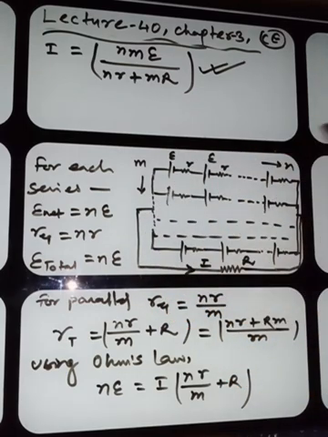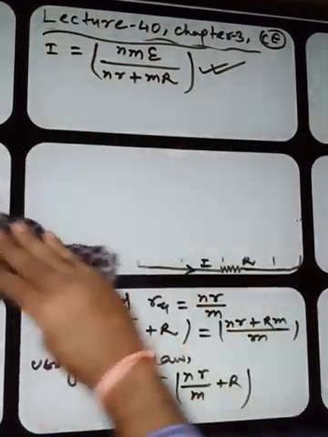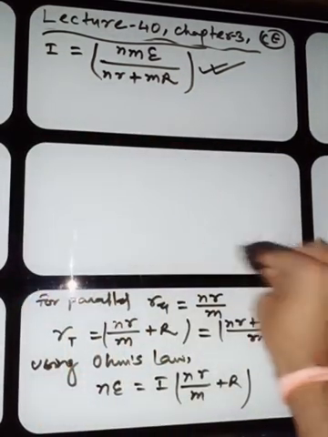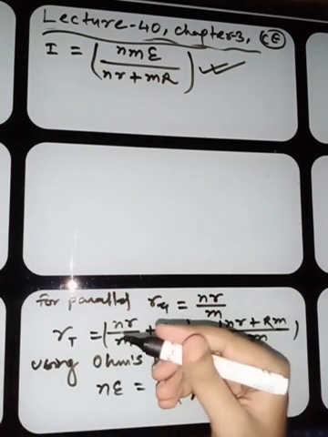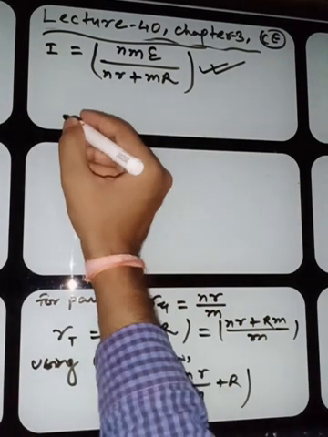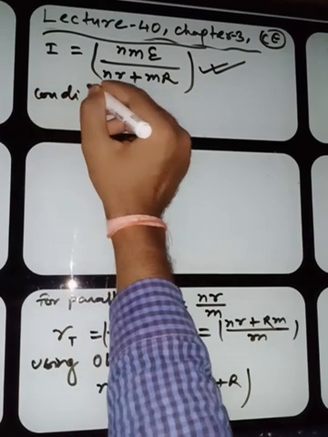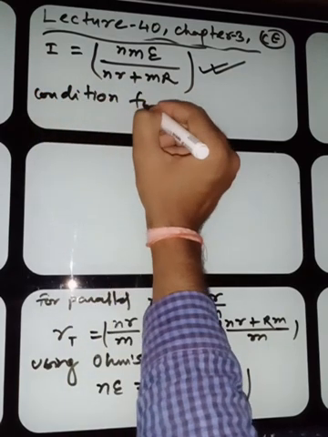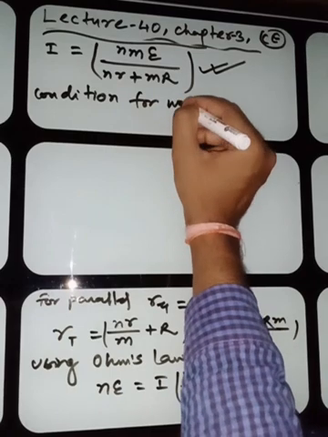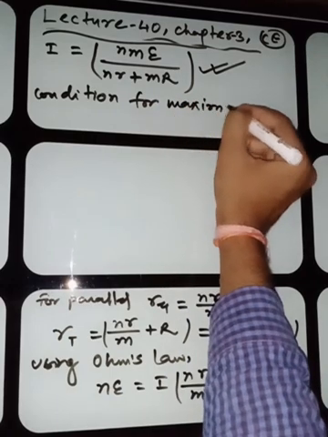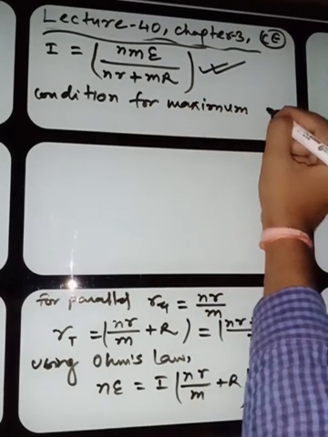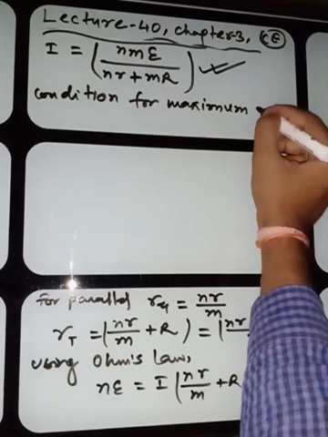We have studied the maximum power reciprocity theorem and we'll use that theorem. So we are going to study here the condition for maximum current.